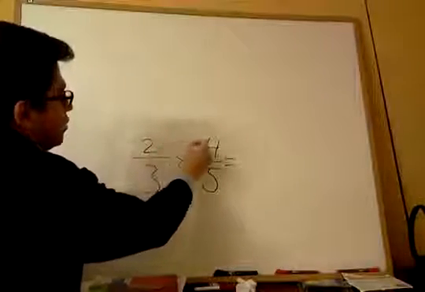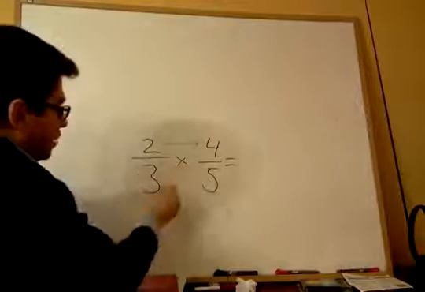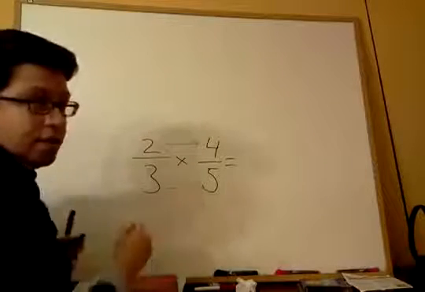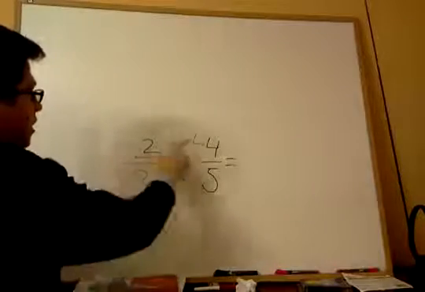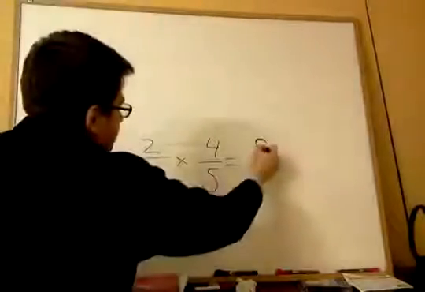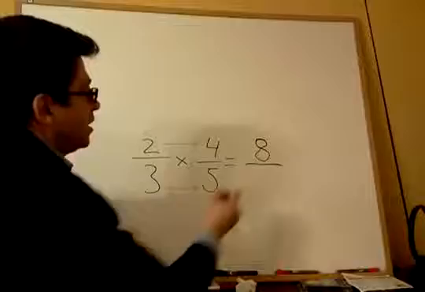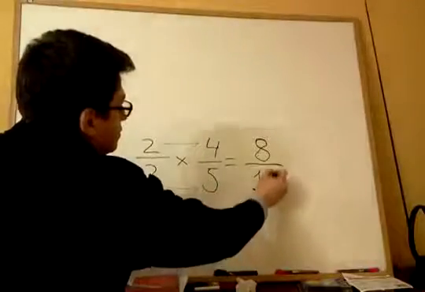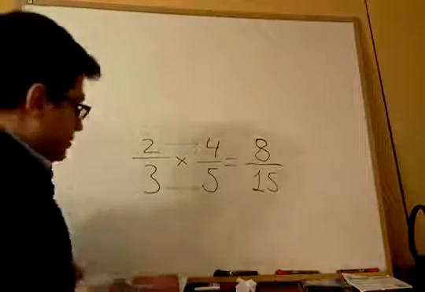First you multiply numerators, numbers upstairs, and then you multiply denominators, numbers downstairs. 4 times 2 is 8. 3 times 5 is 15. So the answer is 8/15.